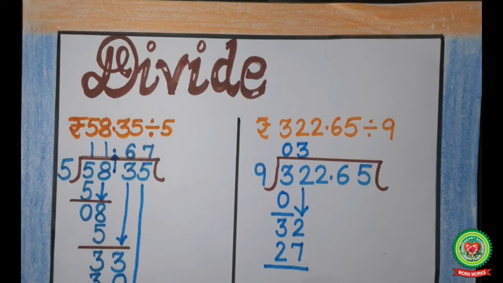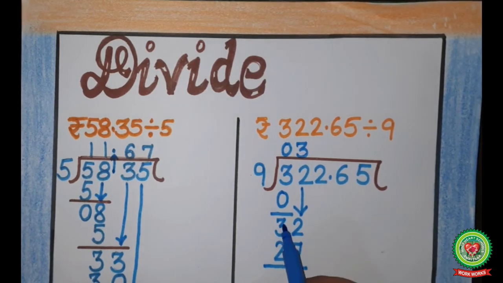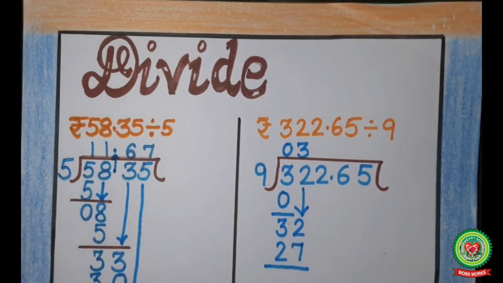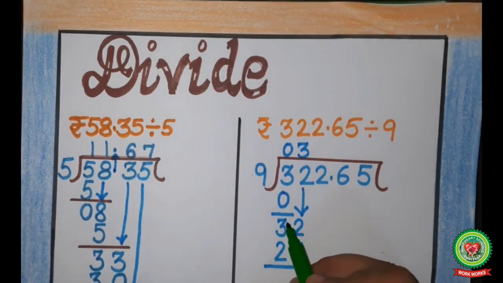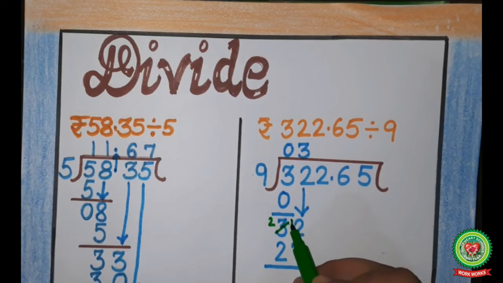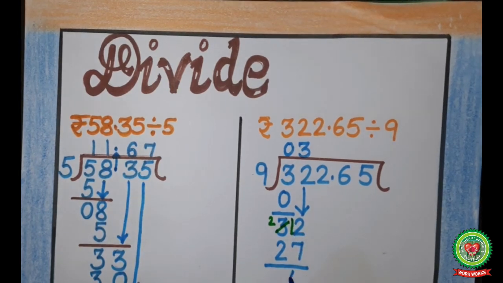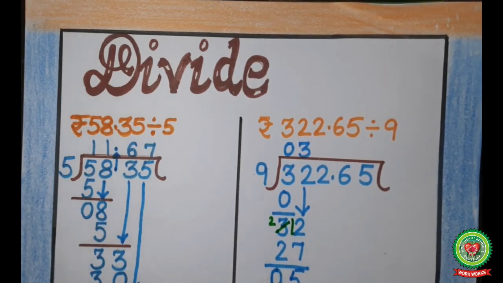No. Then what will I do? 2 will borrow from 3, and 3 will become 2. And this 2 will become 12. Now do minus. 12 minus 7 is 5. And 2 minus 2 is 0.